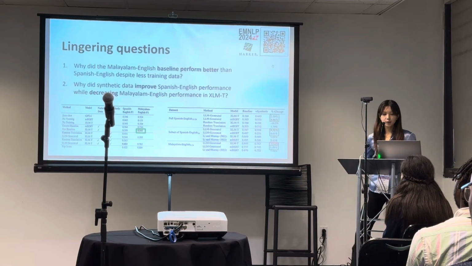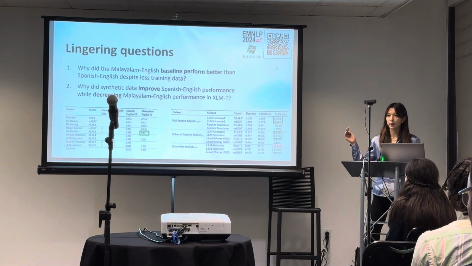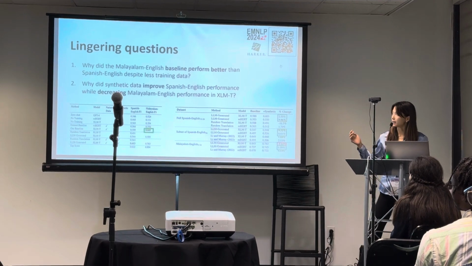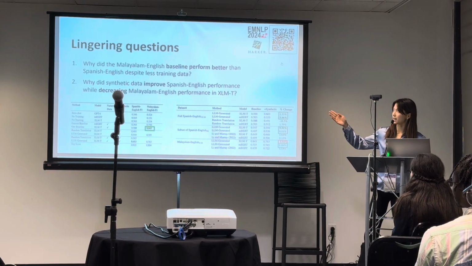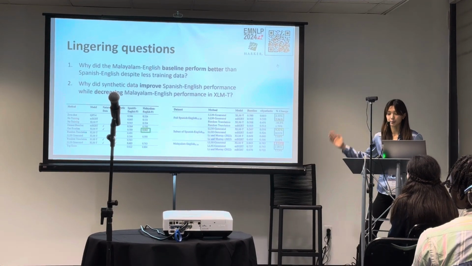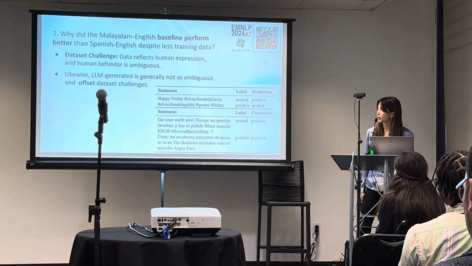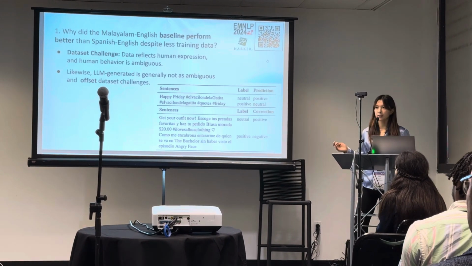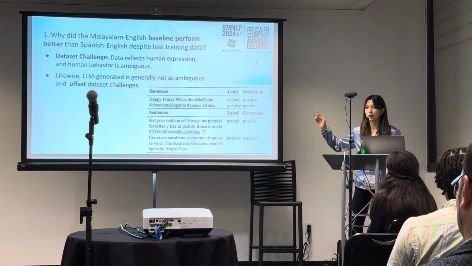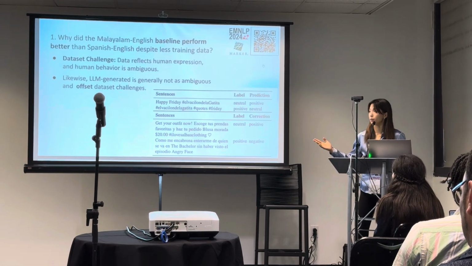Right, so some lingering questions would be, why did the Malayalam-English baseline perform so much better? It had 84.3%. And another question is, why did synthetic data improve Spanglish while decreasing Malayalam-English performance in some cases? Right, so the first question we can answer by looking at the difficulty of the data set, because the Spanglish data has very ambiguous labeling because humans are inherently ambiguous people.